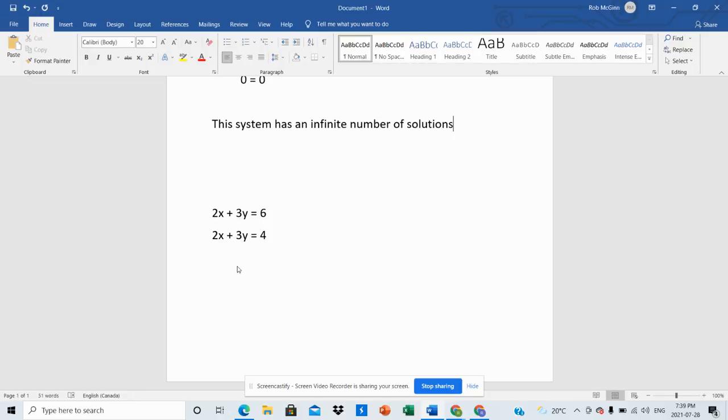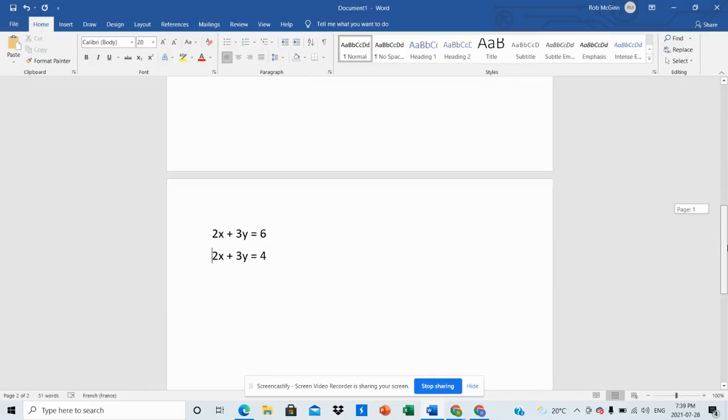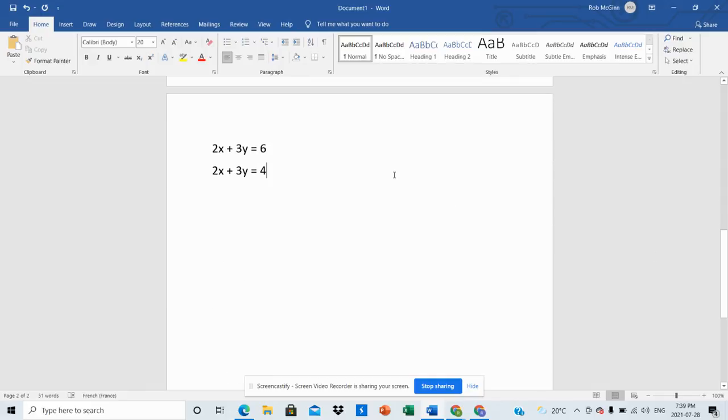So when you go through the elimination process of your system and you get 0 equals 0, that tells you you have an infinite number of solutions. Now you may wonder why I showed you that when it was obvious that it was the same line. And the reason I'm going to do that is because of this next example, our final example in this lesson.